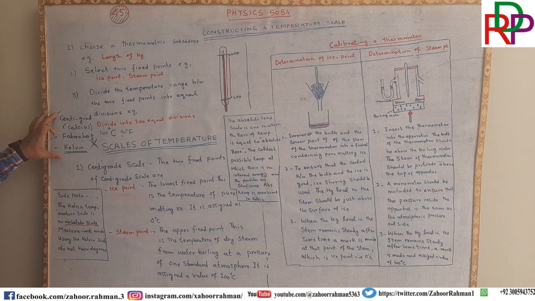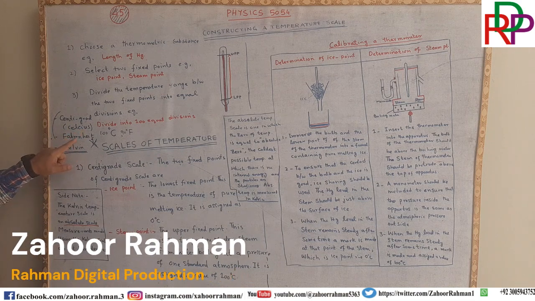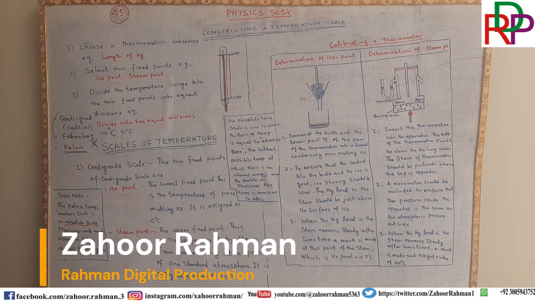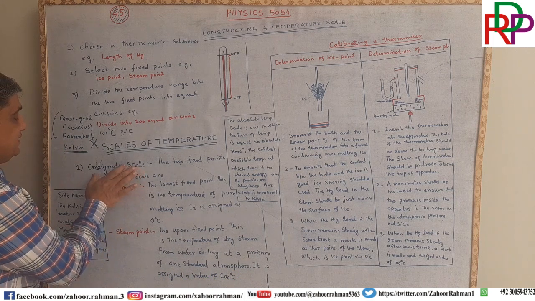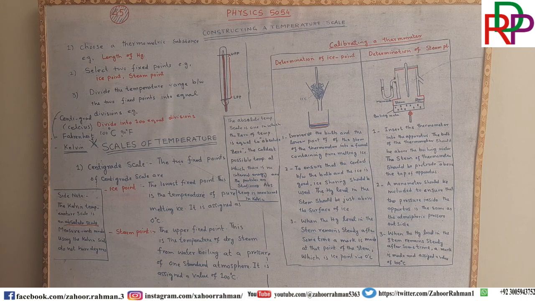So there are three scales of temperature, in which one of them is centigrade or Celsius, the second is Fahrenheit, and the third one is Kelvin. First of all, we are dealing with the centigrade scale. What is the centigrade or Celsius scale?